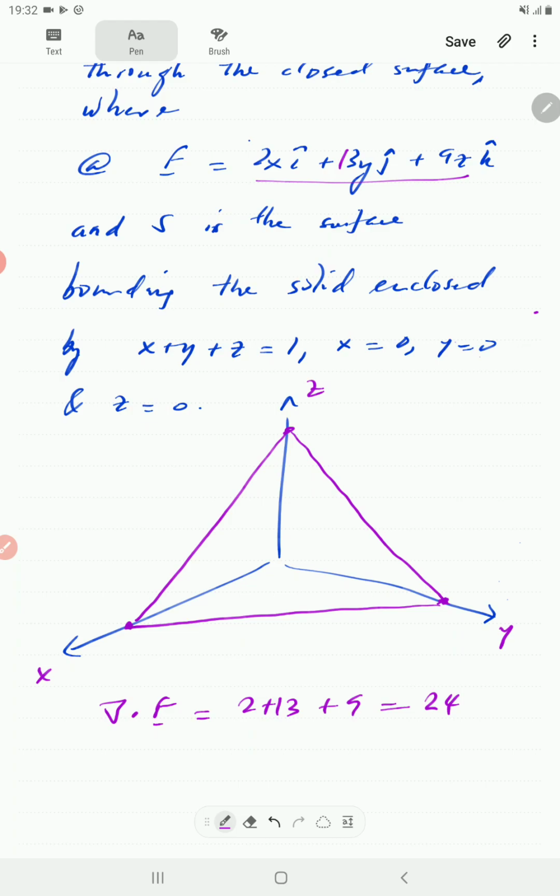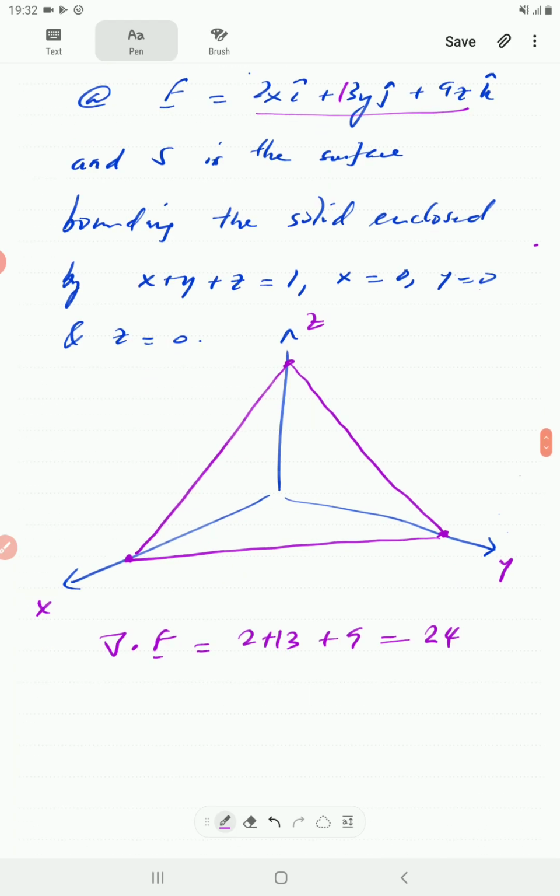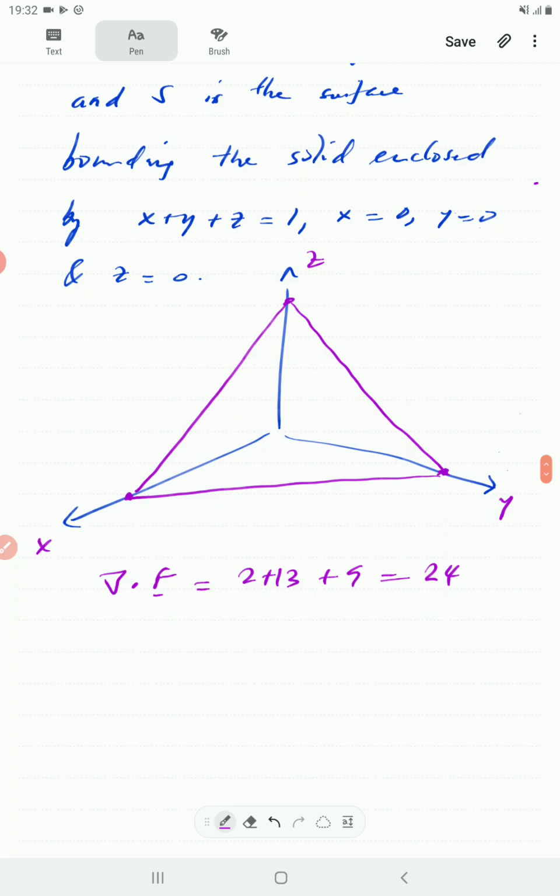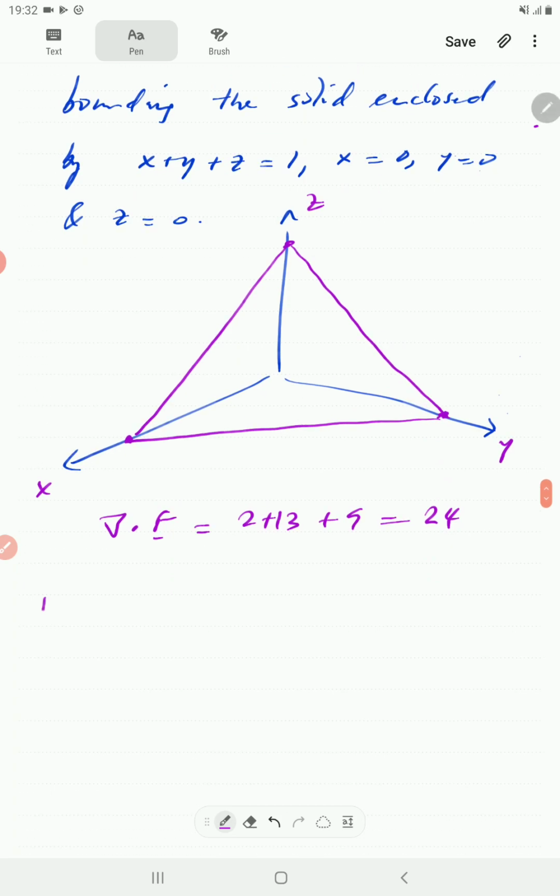Then we're going to have to do a volume integral over this prism. You're going to have to go and remind yourself of this if necessary. So it's just going to be the integral of 24. We're going to start with the z integration, then we'll do y, then we'll do x.